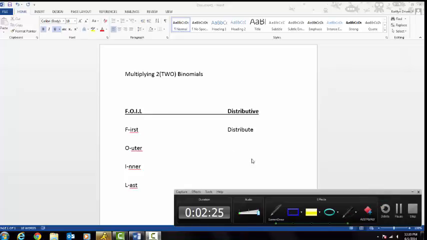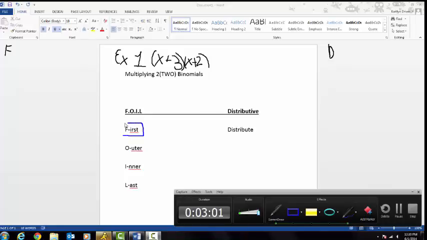So, example 1 is going to be, like I said, x plus 3 and x plus 2. Sorry, I deleted everything. This is going to be the FOIL side. This is going to be the D side. Okay? Black is now going to be the problem, because I've got a little bit lazy there.